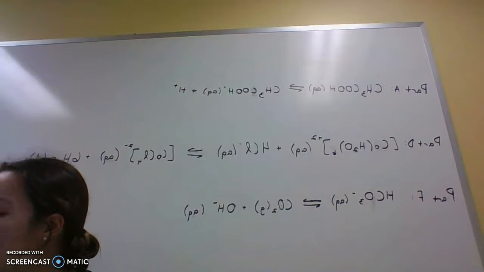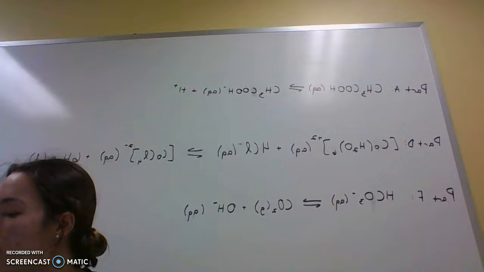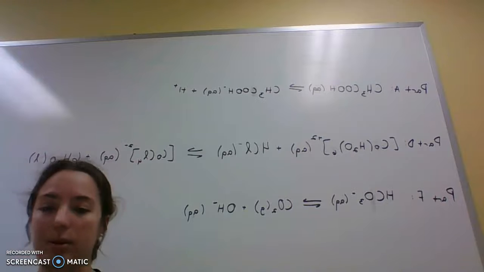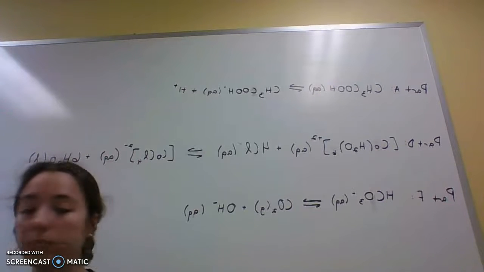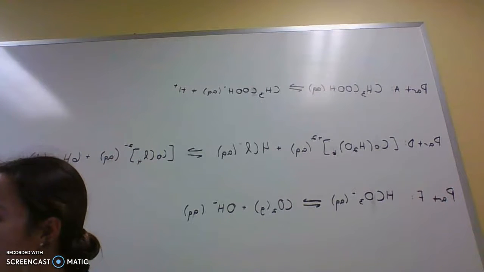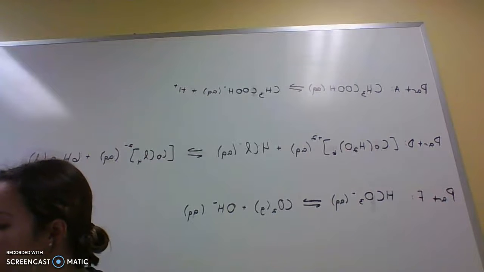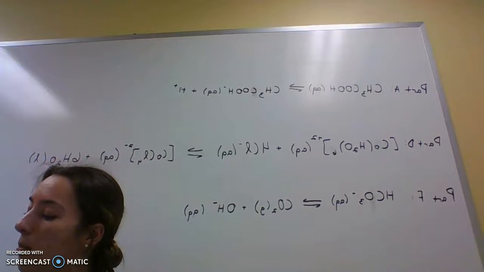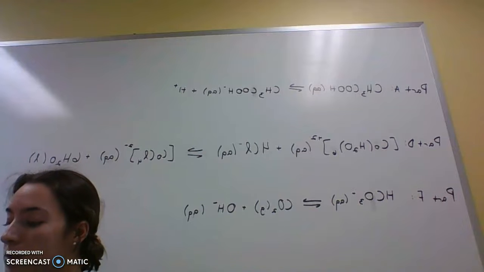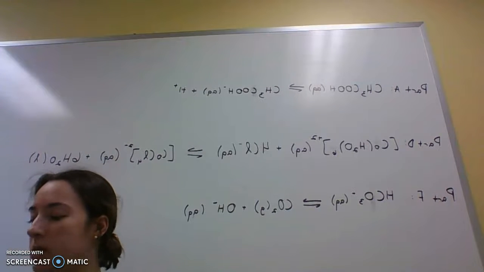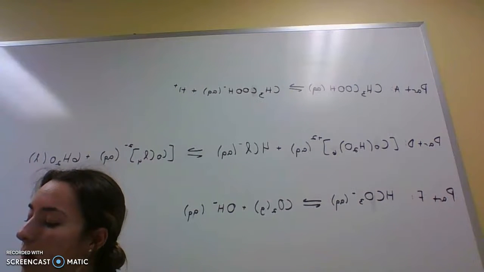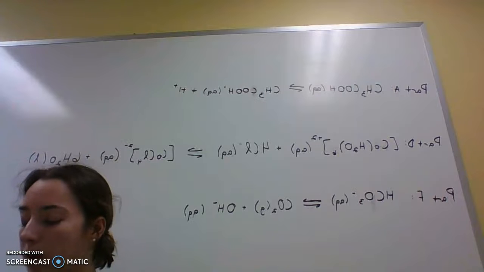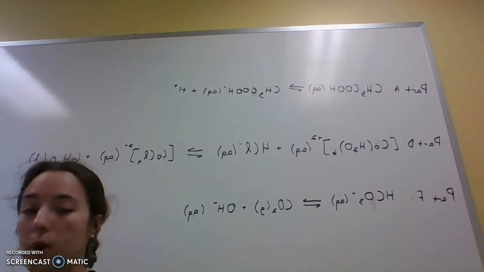Part D was the cobalt chloride equilibrium. Excuse me. So the equation for this was Co(H2O)6 2 plus aqueous plus 4Cl minus aqueous yields CoCl4 2 minus aqueous plus 6 H2O liquid.